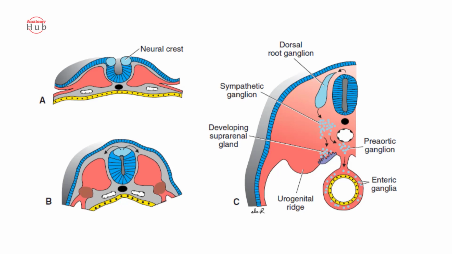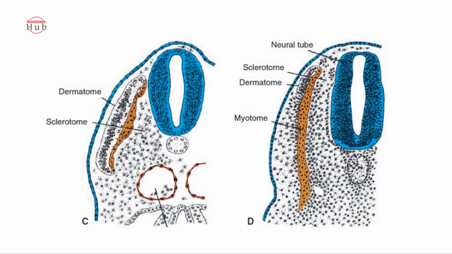So what is the structure and fate of these somites? Each somite produces a surface elevation and is somewhat triangular on transverse section. It possesses a slit-like cavity, the myocoele. It soon disappears.